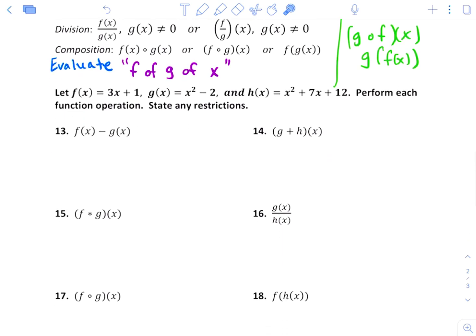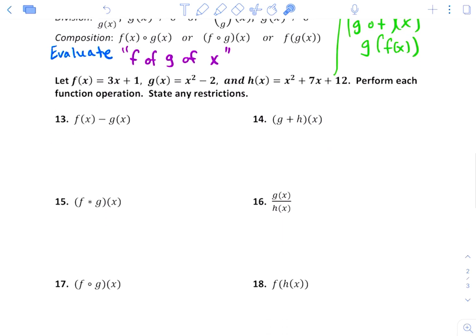So we're just going to do a bunch of practice. So remember, when we are doing our function operations and we are talking about those restrictions, we have to state the restrictions of both the original functions, if there are any, and whatever our answer is simplified to.